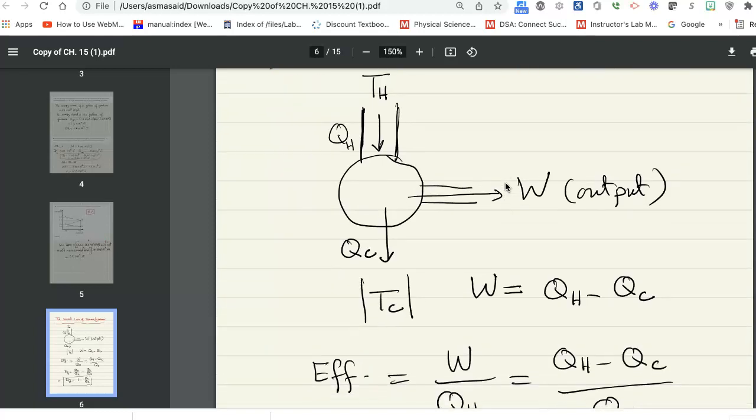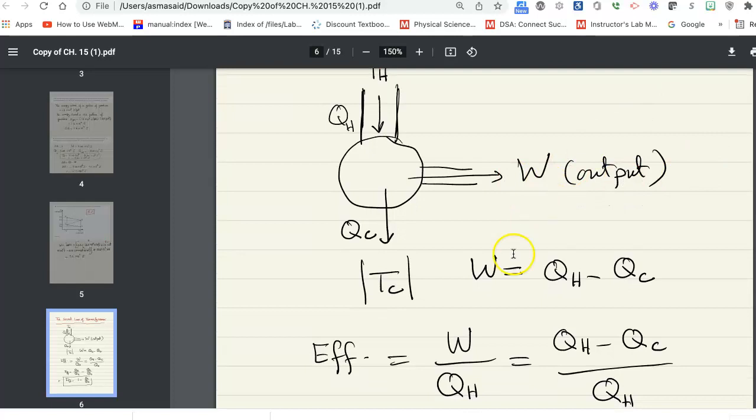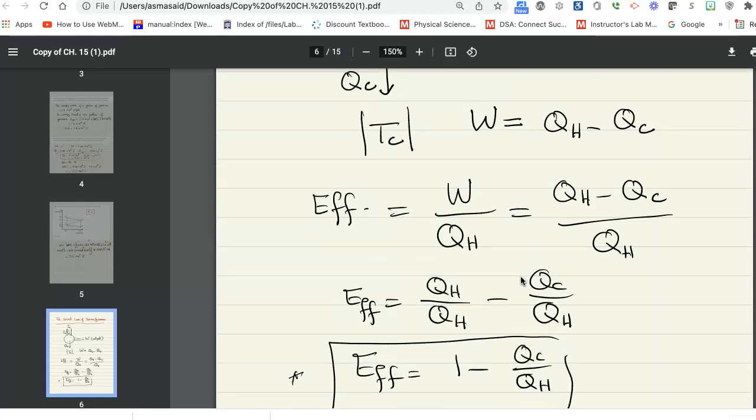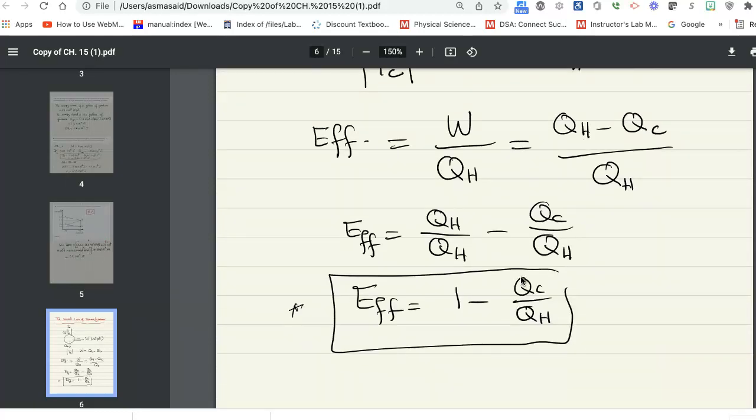The work done is the difference between the two Q's. And always we are interested in the efficiency, which is the work done divided by the Q hot. Remember, the work done is Q hot minus Q cold, divided by Q hot. Then the efficiency can be calculated as 1 minus Q cold over Q hot.